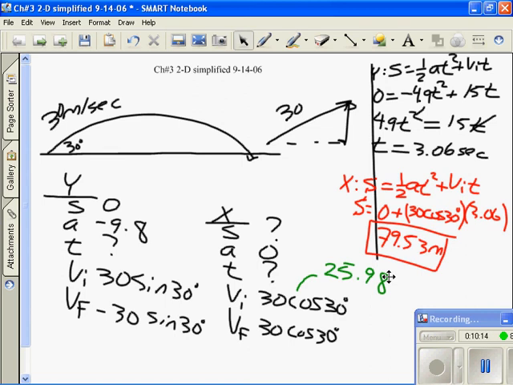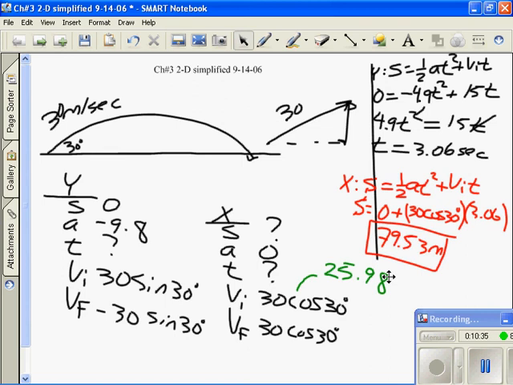My change in elevation, my change in y, started on the ground, ended on the ground, was 0. My acceleration is minus 9.8. By the way, what's making that 9.8? Gravity, excellent. And how much does gravity pull you sideways? It doesn't. That's why the acceleration is 0 in the x direction.